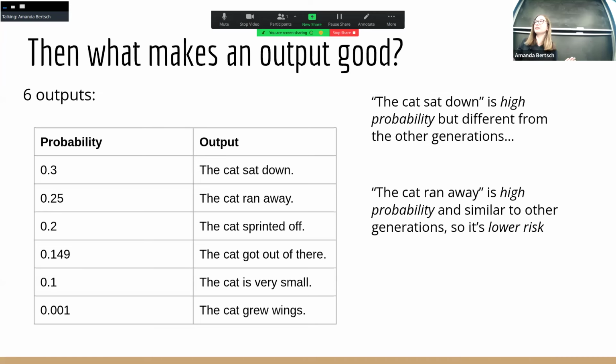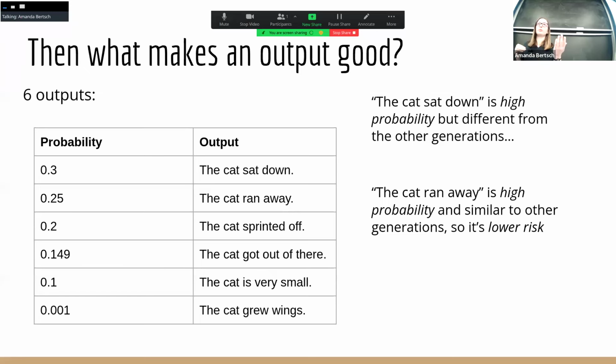Another way to think about this is, maybe if you and your friends were cheating on a test, which you shouldn't do, but if you were going to do it and all of your friends sent you their answers, maybe one of your friends has a slightly higher score in the class than everyone else, but they said the answer was answer A and everyone else said the answer was B, right? You still might go with the answer that everyone else said because it feels less risky. Maybe everyone else got that answer.